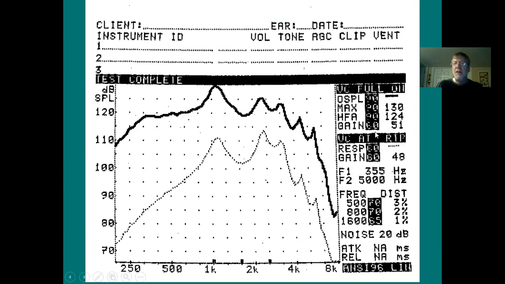This whole top one deals with OSPL 90, volume control full on. High frequency average and maximum peak. What's the maximum peak with 90 coming in? 130. Yeah, there's the maximum peak. That's 130. If this is 120, that's 130.